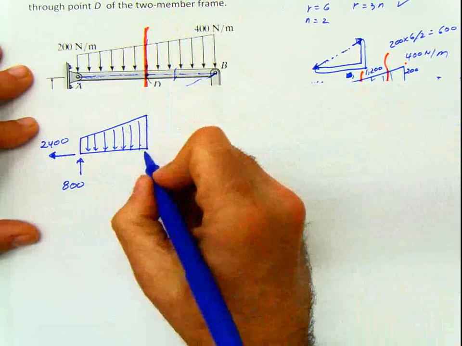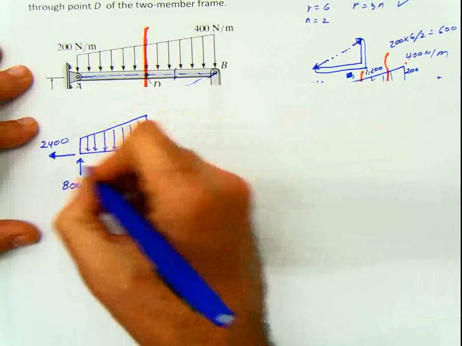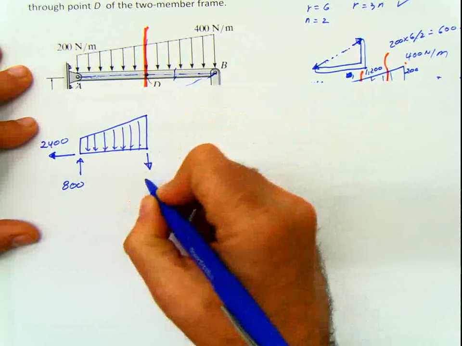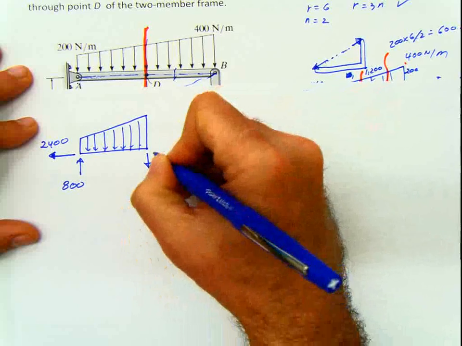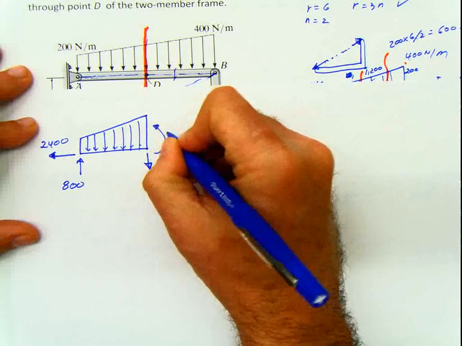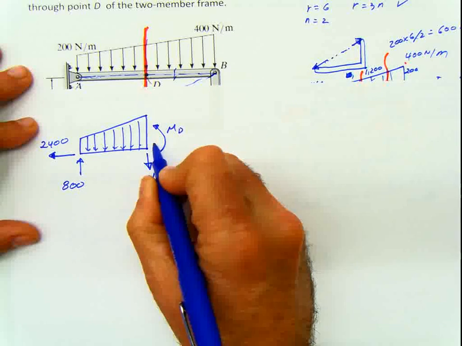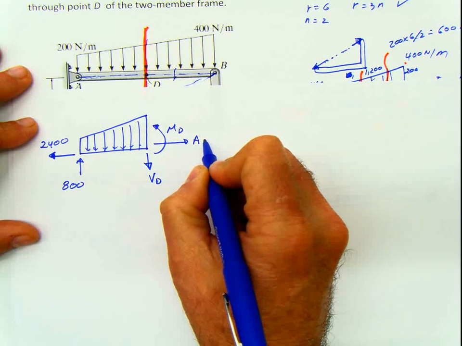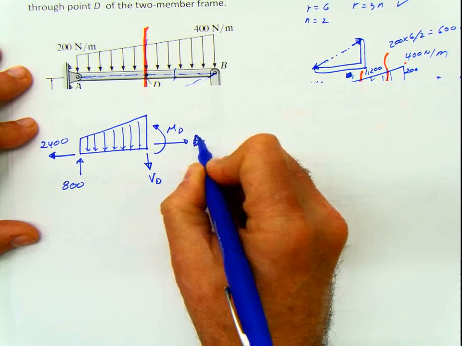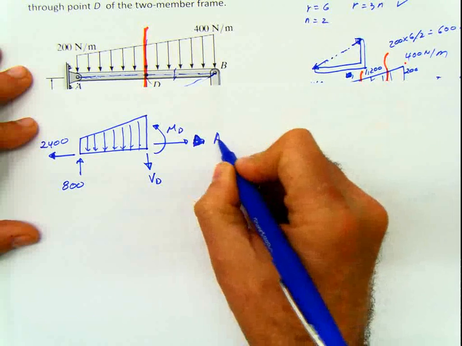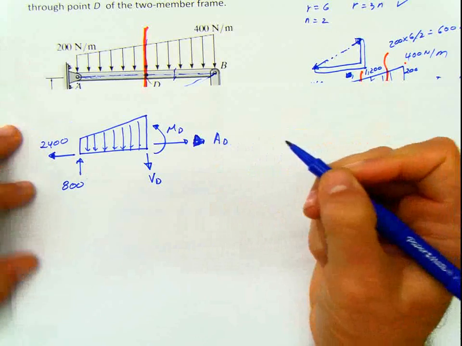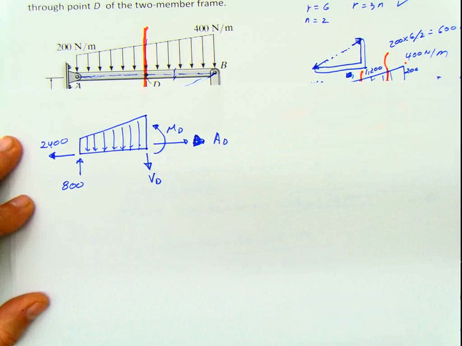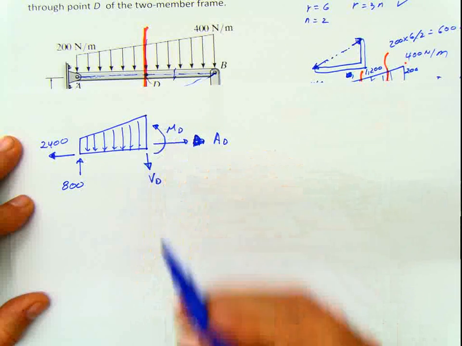And this is the point D. Because I'm using this side of the element, at that point D my shear is going to be acting in this direction, and the moment is going to be acting in this direction. Those are going to be the positive assumed directions for my internal forces: shear, moment, and axial at D.